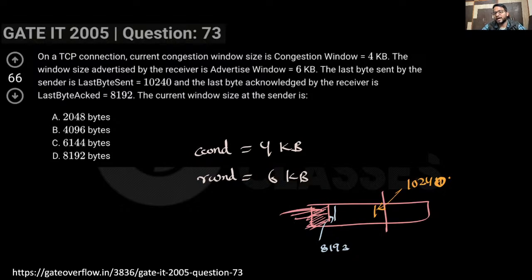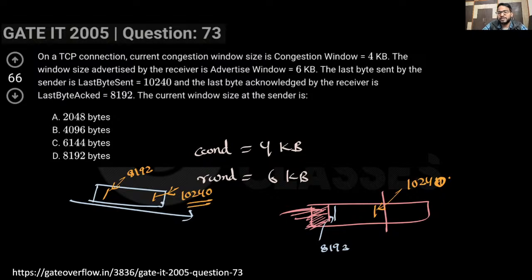So the sender must have sent up to 8192, maybe in one packet, maybe in multiple packets, I don't know, and the last byte sent is 10240. The sender must have sent this in maybe one MSS or multiple segments, but this much data is in transit. Transit means it is still in the air.